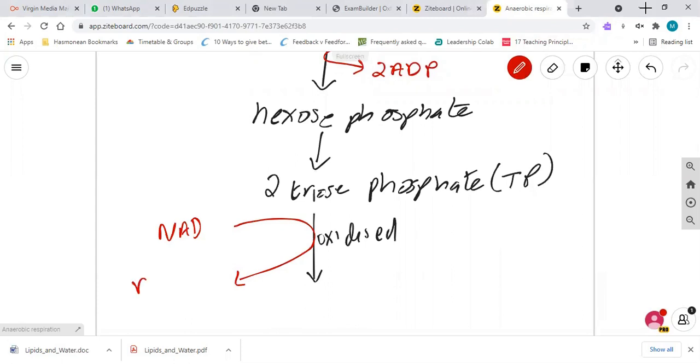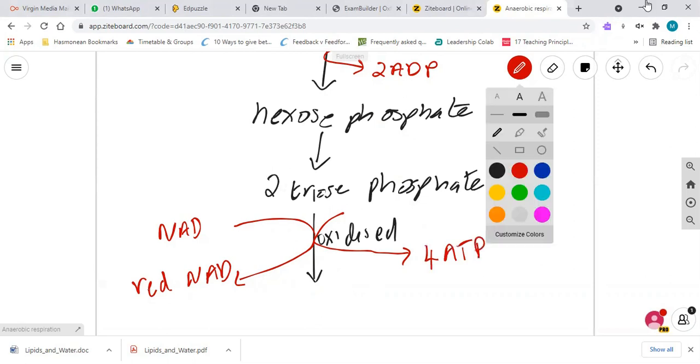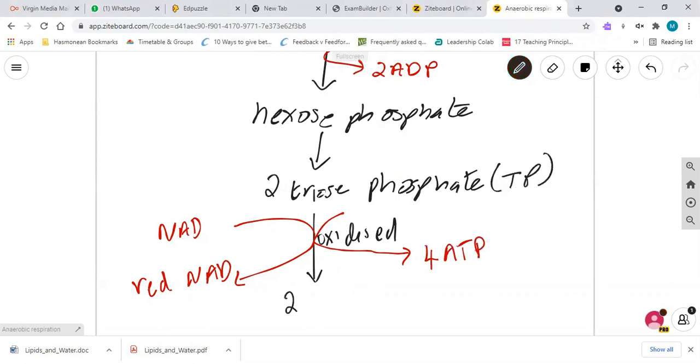So we're going to produce reduced NAD, and we're also going to use the energy from the oxidation of triose phosphate to produce 4 ATPs, leaving us with 2 pyruvates. So that bit hasn't changed, and that bit still takes place in the cytoplasm of the cell. Indeed, the whole of anaerobic respiration takes place in the cytoplasm of the cell.